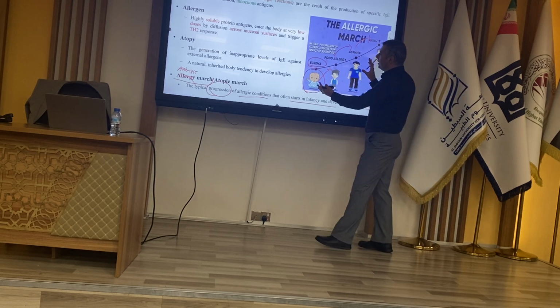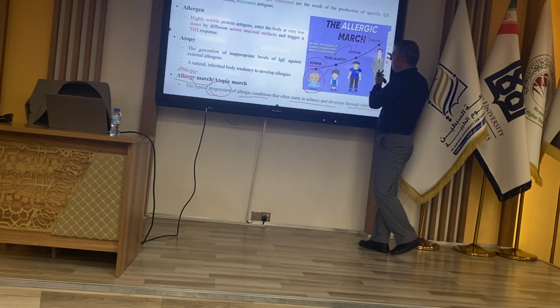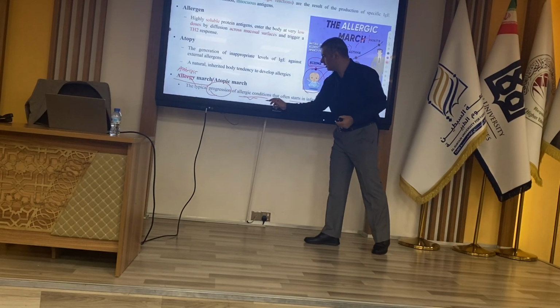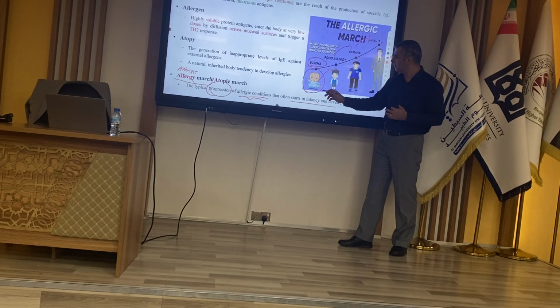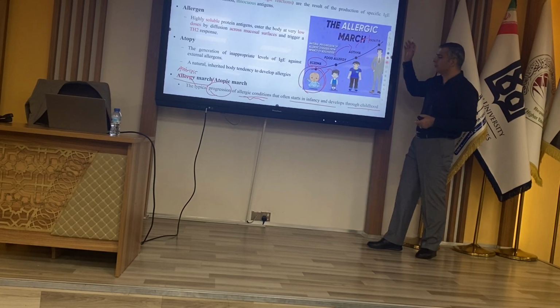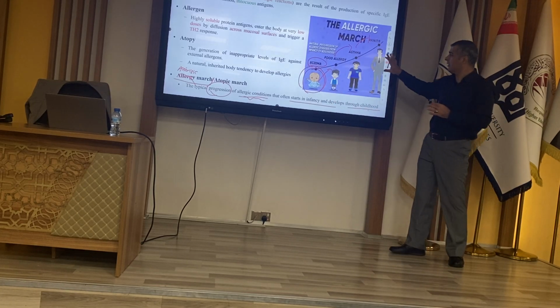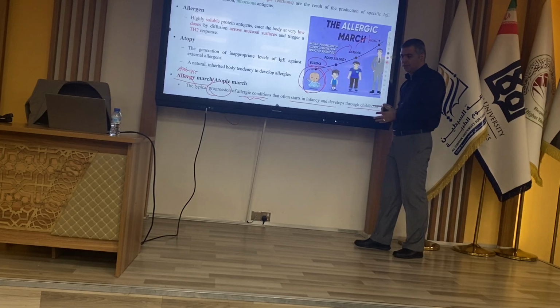So indeed this is a changing of manifestation of the disease or allergic reactions in one person over time, and it begins from infancy to childhood, and this pattern is not always stable.